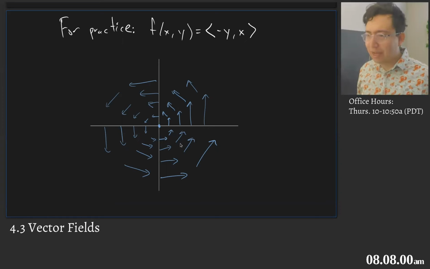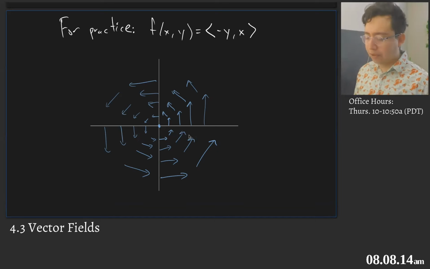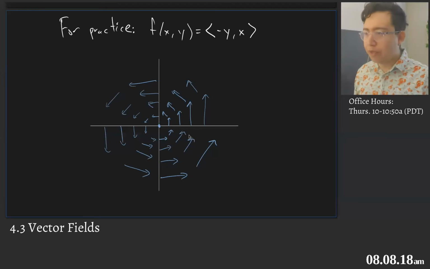So the question is, how did we get circles from this formula? Circles don't seem to appear in this formula at all. And yet, clearly there's something going around in circles on our picture. So where are the circles coming from? I'll answer that question later in this section once we start talking about certain things.